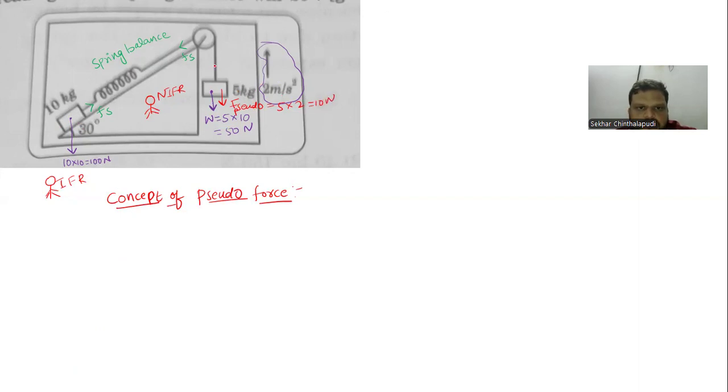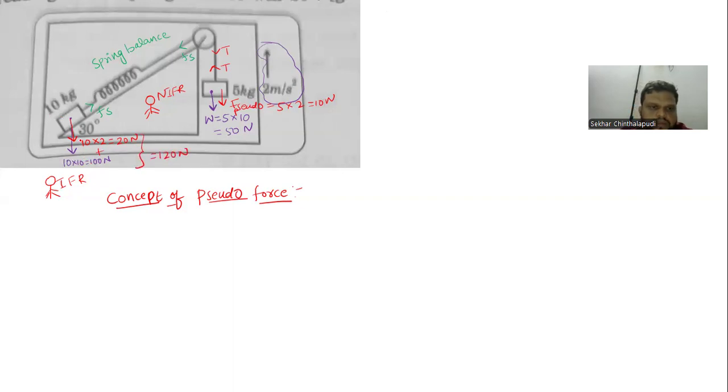This tension will be T upwards, and here also the tension will be T downwards. Apart from this, we have one more force, the pseudo force, which is 10 kg mass and 2 meters per second square acceleration, which is 20 newtons. Now, these two put together give how much? 120 newtons.